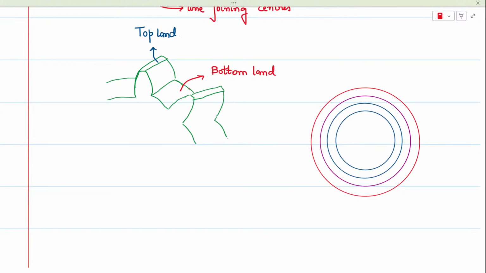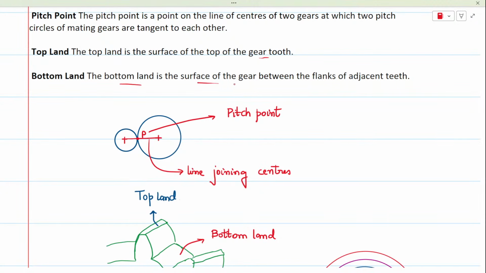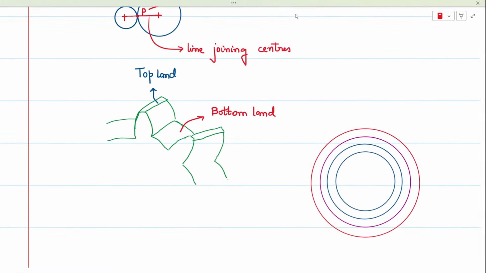Let's see the definition. The top land is the surface on the top of the gear tooth, and the bottom land is the surface of the gear between the flanks of adjacent teeth. What is a flank? You can divide the tooth into two parts, not equal, but two parts.